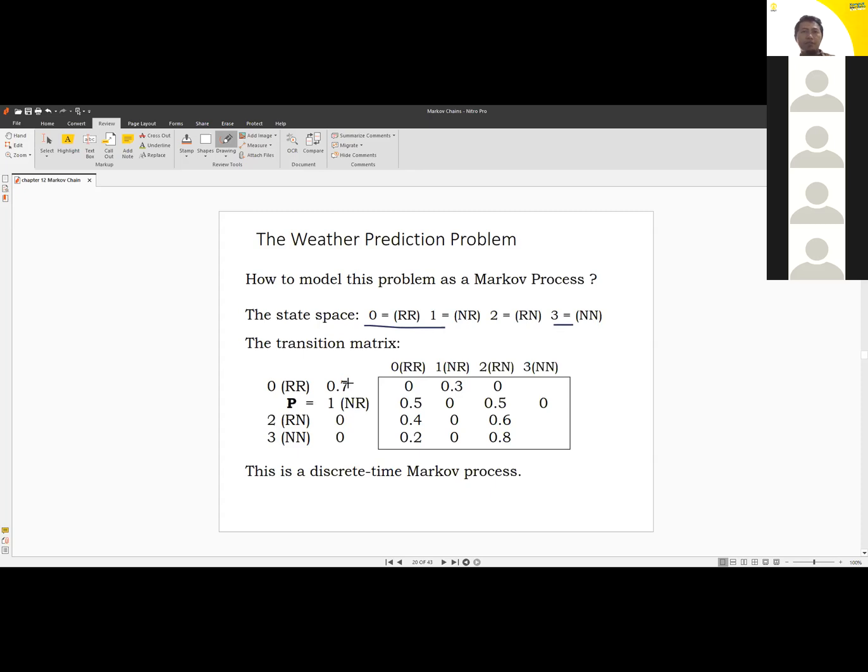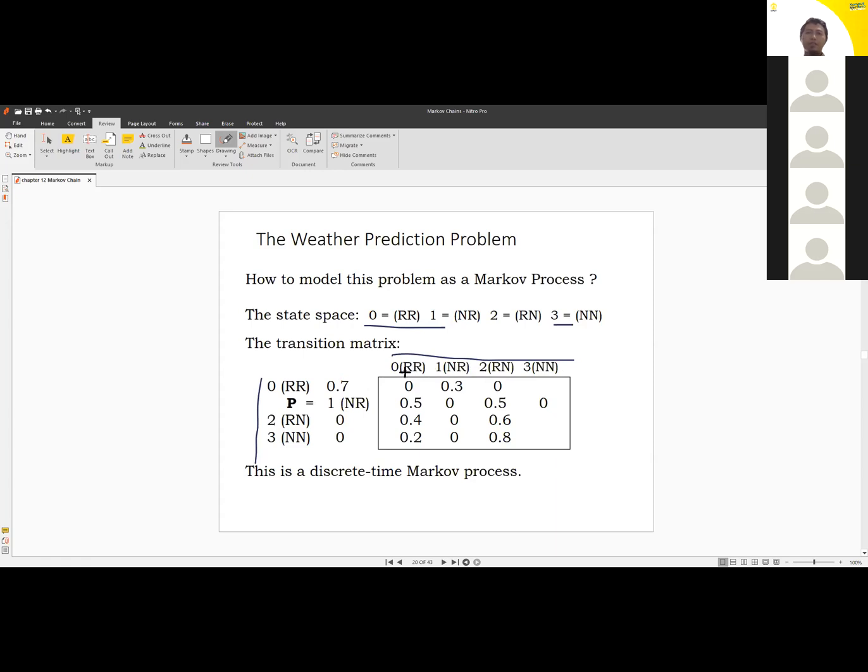The transition matrix we see here. First, we put the row parameter and the column parameter, and the column and row parameters are equal.